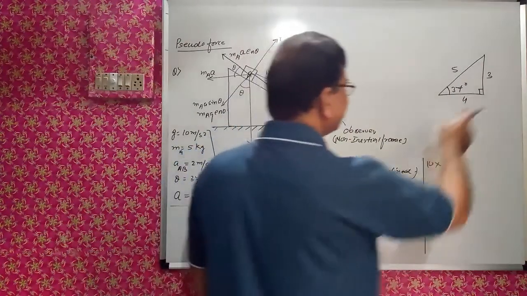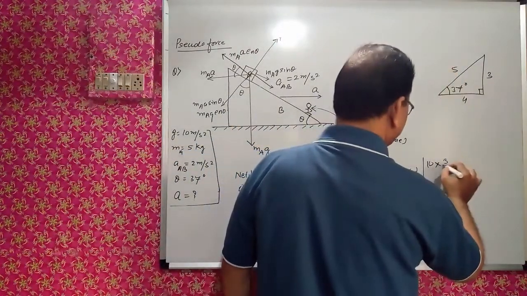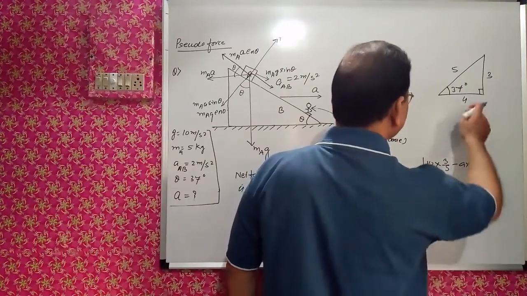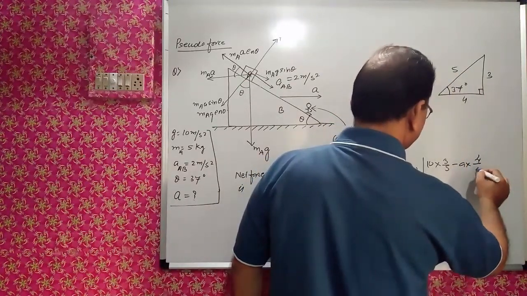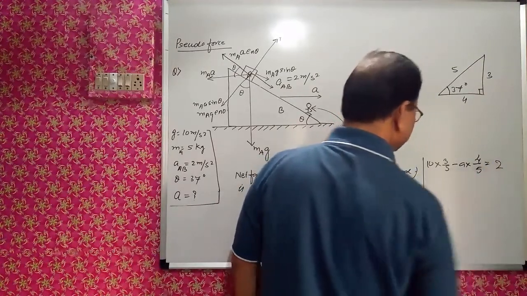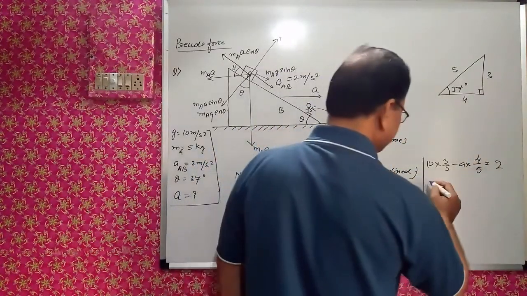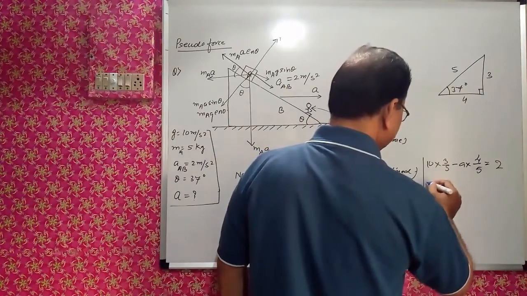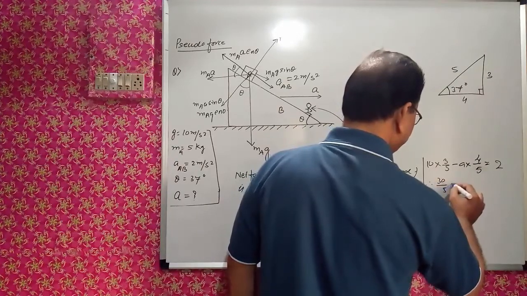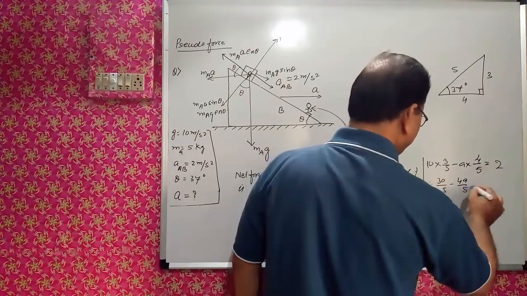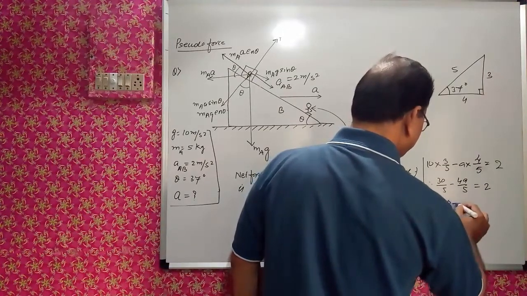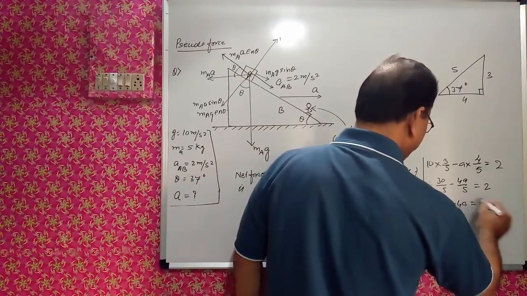So sin 37 is 3 by 5, minus a into cos 37, 4 by 5, is equal to 2. With the help of this we can simplify. Therefore 30 by 5 minus 4a by 5 is equal to 2. Therefore 30 minus 4a is equal to 10.